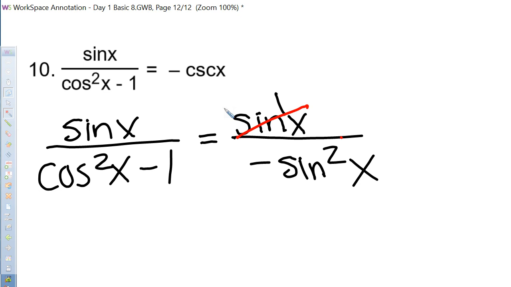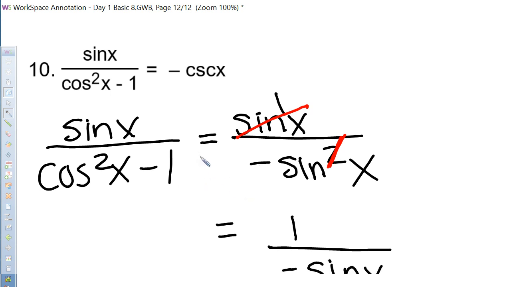So now it's just sine of x. So what's left in the numerator? A 1. What's left in the denominator? Negative sine of x. And 1 over negative sine of x is equal to negative what? Cosecant of x. So we just proved that the left side equals the right side.